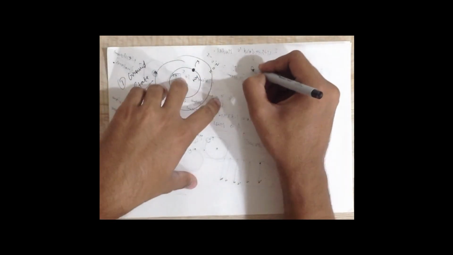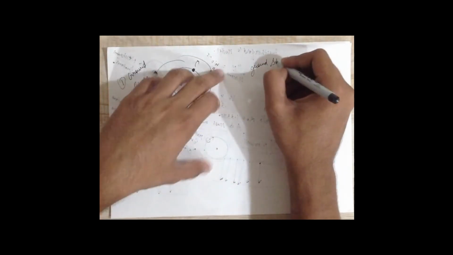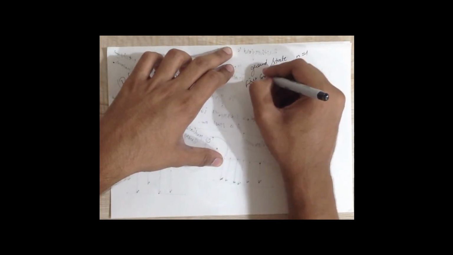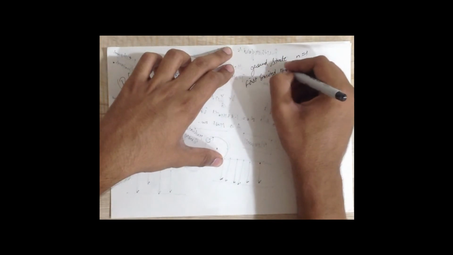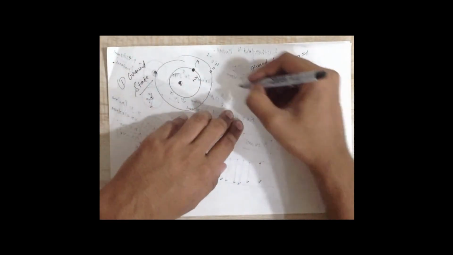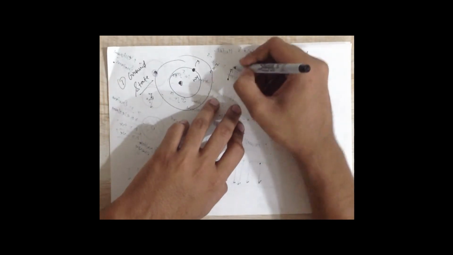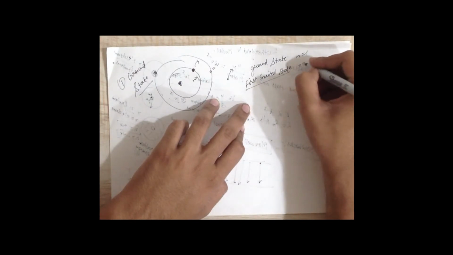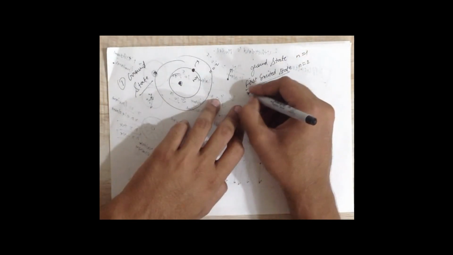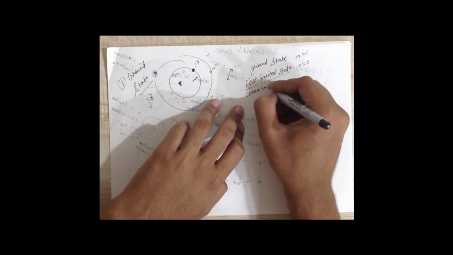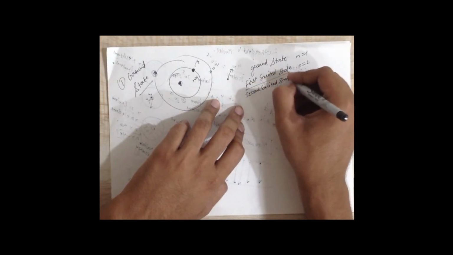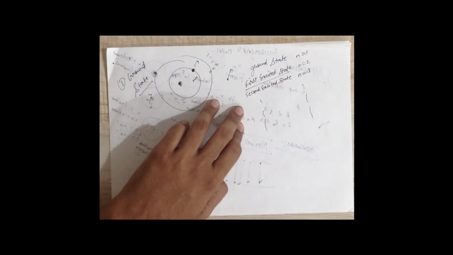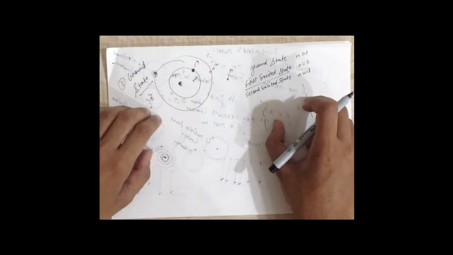So ground state means n is equal to 1. First excited state: if the electron is given some energy to jump from the ground state to the next level, then this next level will be known as the first excited state. So first excited state will be n is equal to 2, second excited state would be n is equal to 3, and so on. So this is about the energy states of an atom.